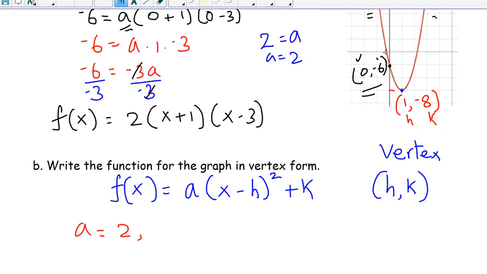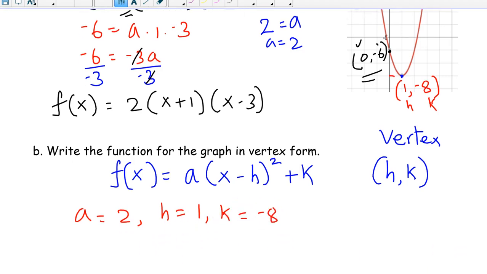a you already have, so go ahead and substitute. a is equal to 2, h is equal to 1, and k is equal to -8. Therefore my function is f of x is equal to a, that is 2, times (x minus h, that is 1) whole squared, plus k.